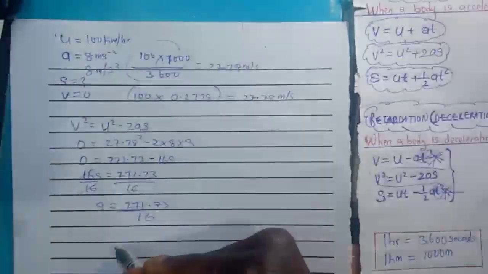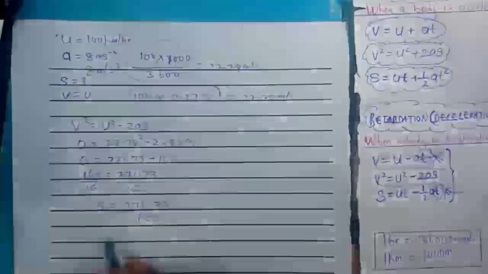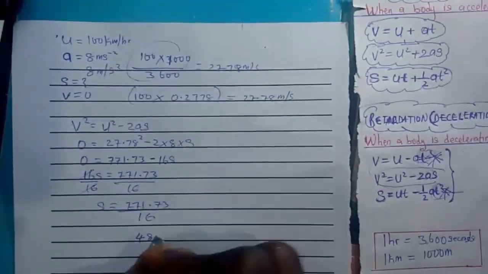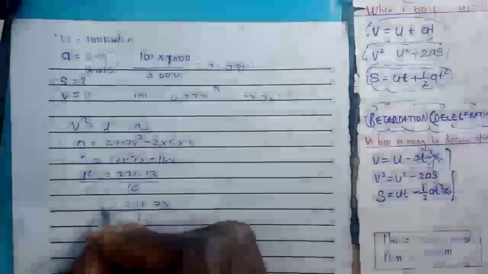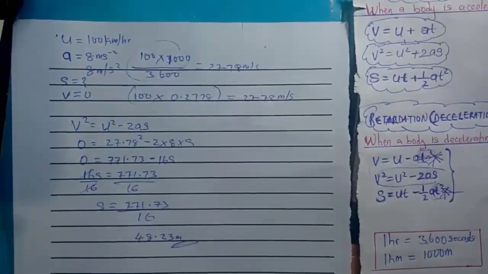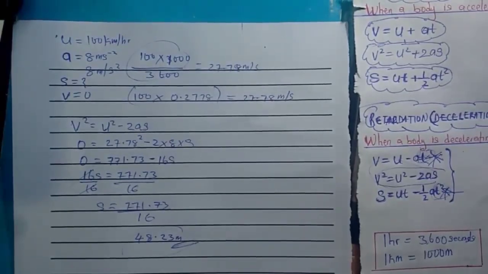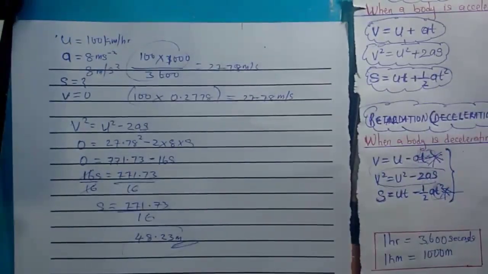If you input this in your calculator, you arrive at 48.23. Since we are dealing with distance, the unit is meters. This is the distance that the moving bus will cover before stopping, while applying a uniform retardation of 8 meters per second square.